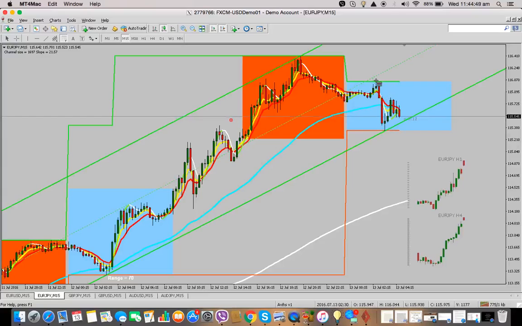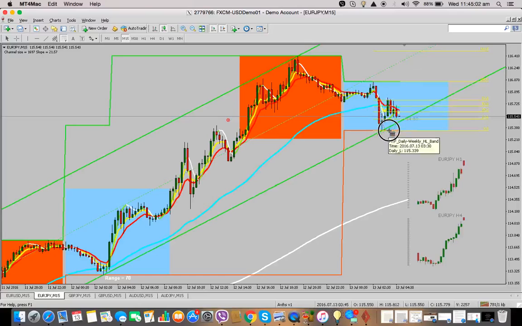So what you do is you hold your cursor at the top of the wick of this green candle, then hold it down and drag it all the way down to the bottom until you see the 0% line at the bottom of the wick of this candle here, and then you release.